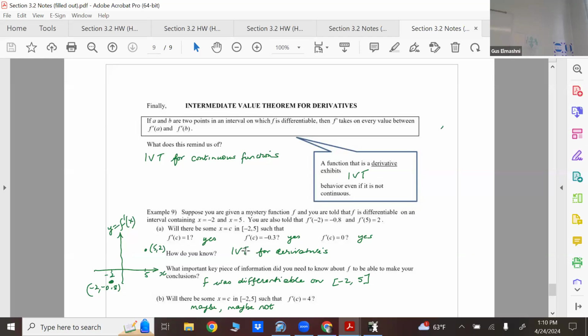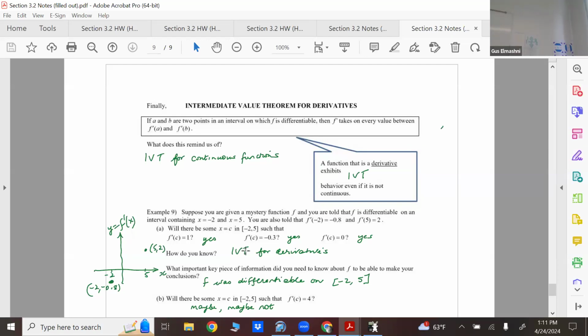So, for example, I'll just kind of do a quick sketch here. So this is A, and this is B. So you got a nice smooth curve here, right? So basically, whatever F prime A is, I'm just gonna guess, say F prime A is like 4.